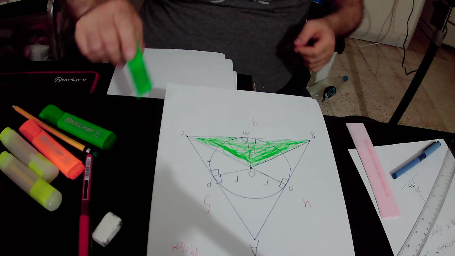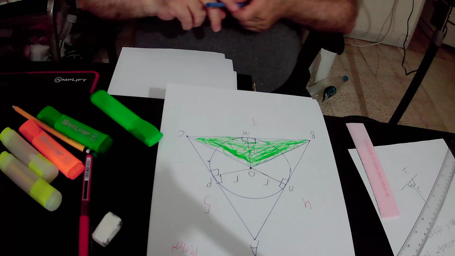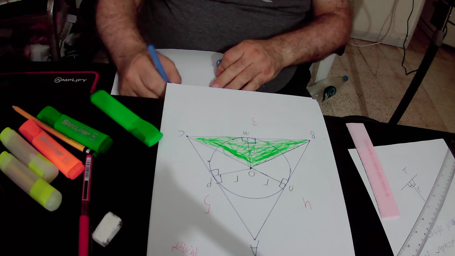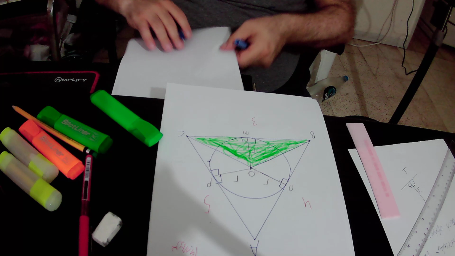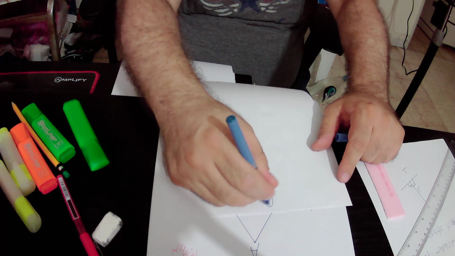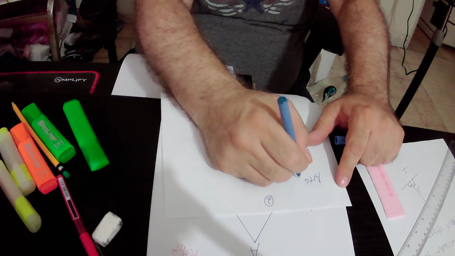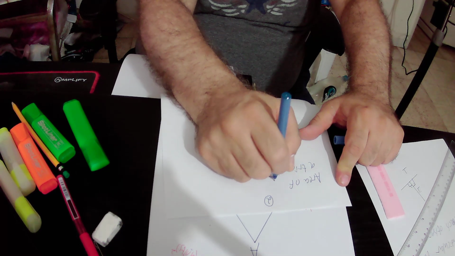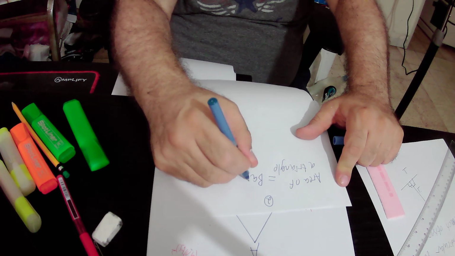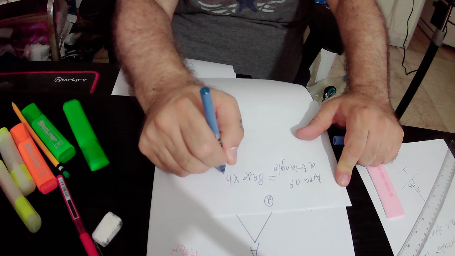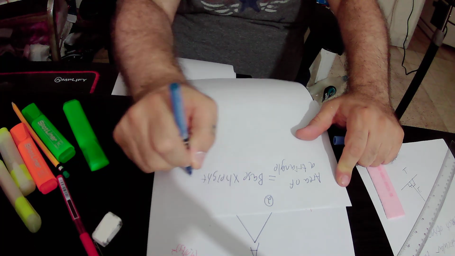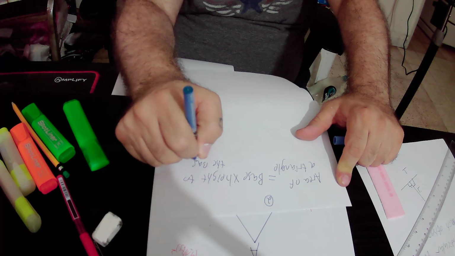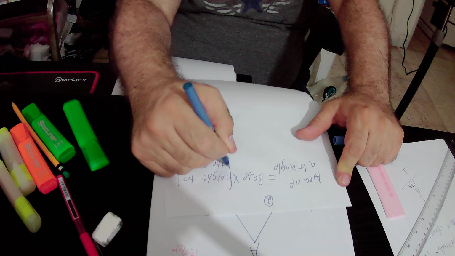So the area of this green triangle, the area of any triangle equals the base of the triangle times the height to the base, all divided by 2.